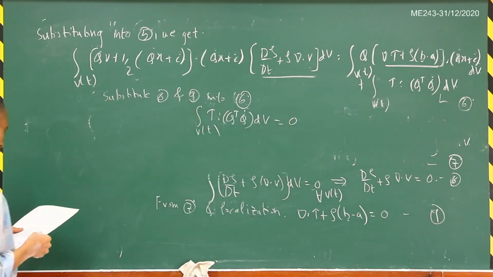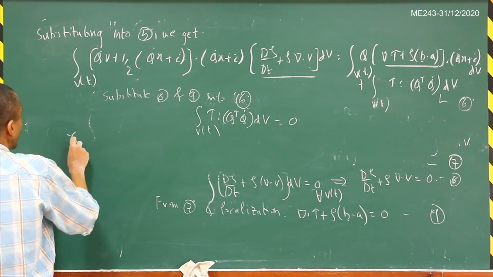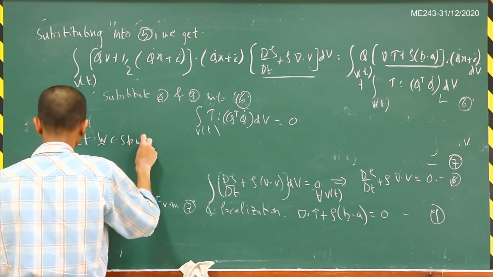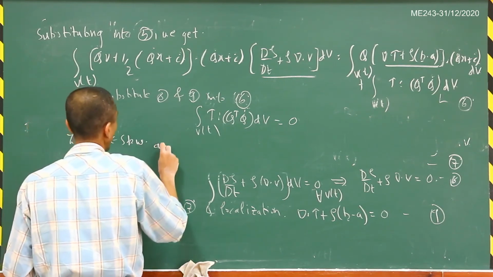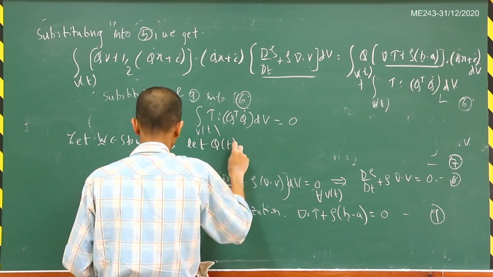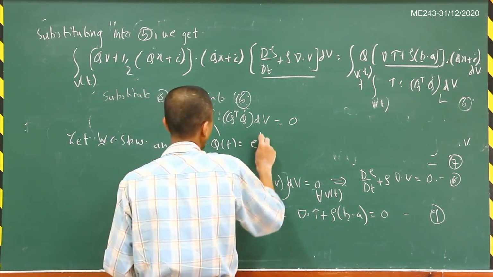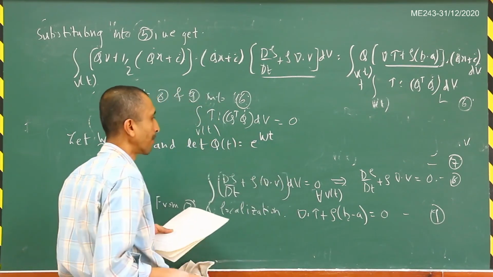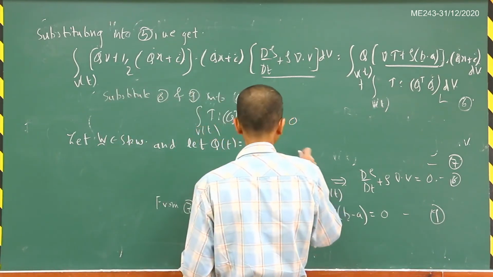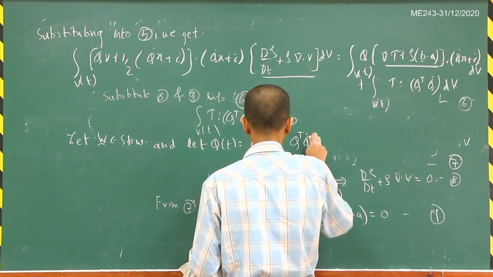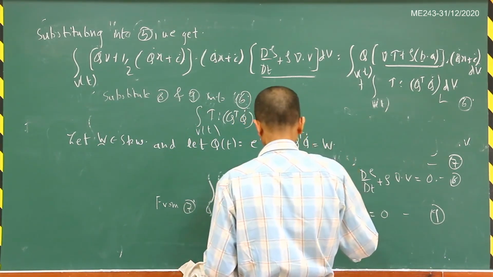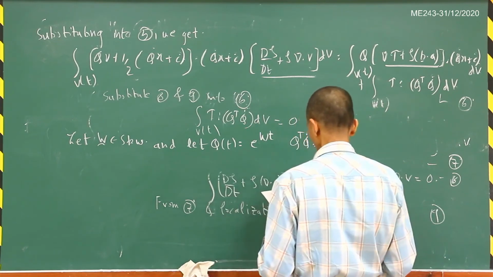And now you choose, okay, so let w belong to skew, and choose your q, and let q be equal to e to the w. Okay, so we know that this is a proper orthogonal tensor. Then from this we will get that q transpose q dot is equal to w. So from this we will get this particular result.